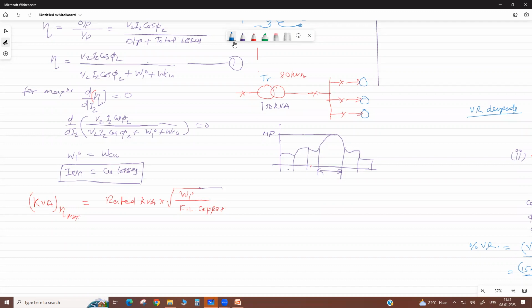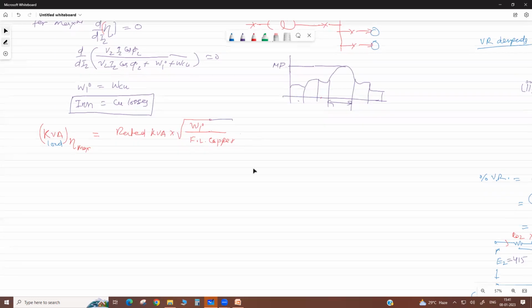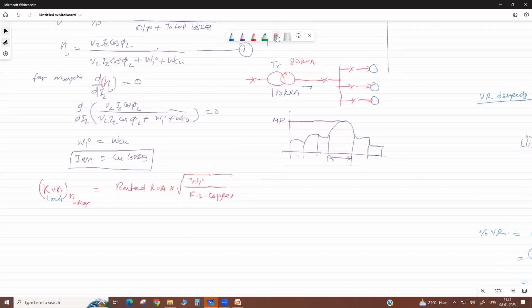This is the kVA load that we can put so that it gives the maximum efficiency, because a distribution transformer is designed for partial load, not at 100% load, because most of the time there is a part load on it, not a full load.